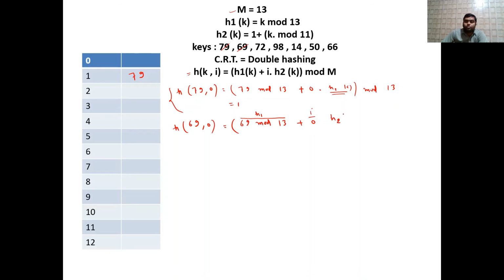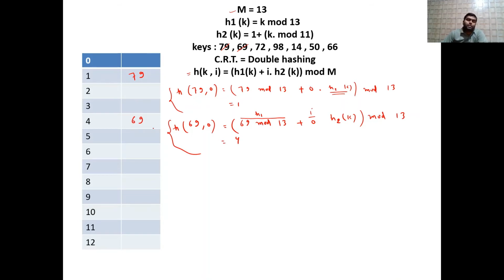Because it is 0, whatever the value, this is 0 only. If you multiply anything with 0, the result is 0. Now, what will be the answer? 13 times 5 is 65, so the remainder is 4. So 4 plus 0 is 4. 4 mod 13 is going to be 4. So space is available, and 69 will be stored at 4. Ultimately, a very simple concept.